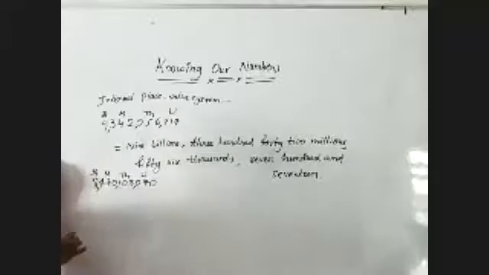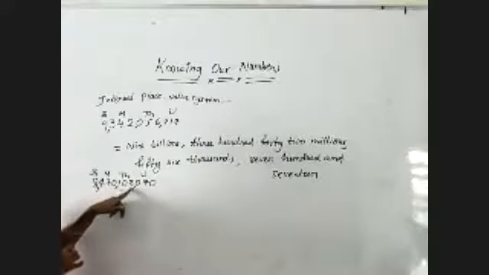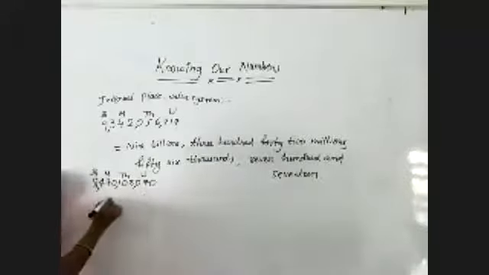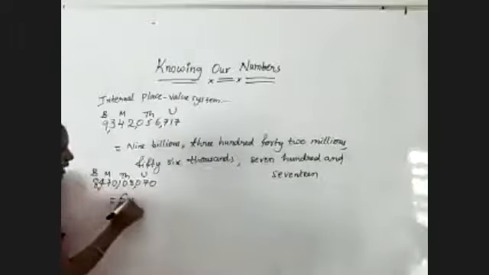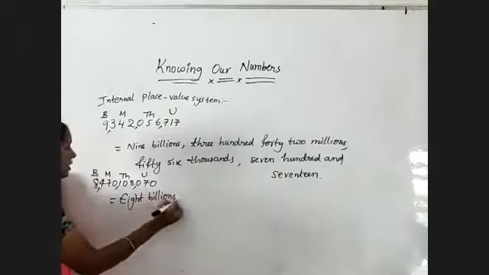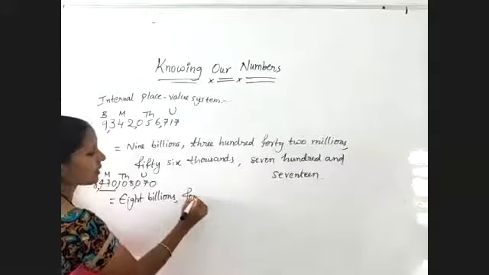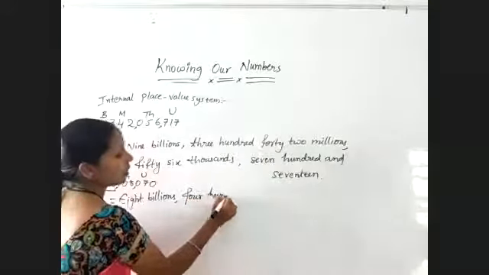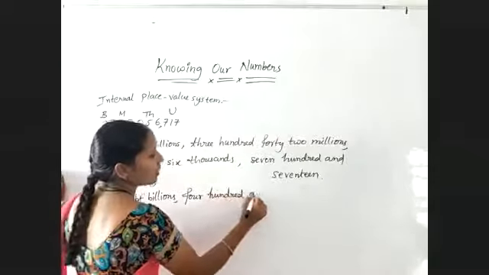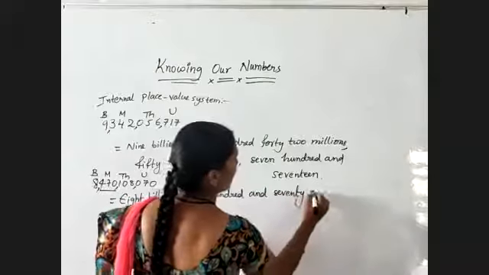So how to read this number? 8 billion 470 million 108,070. I am writing 8 billion. In millions I have 470, so 470 million.